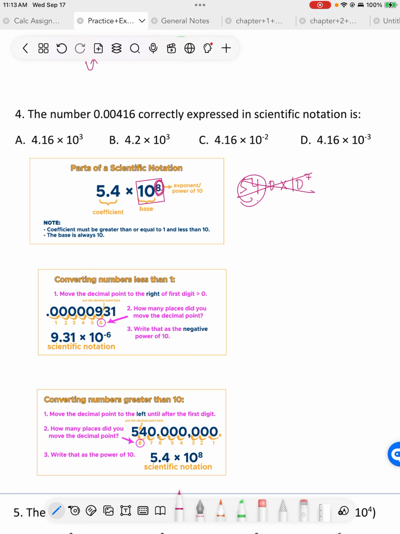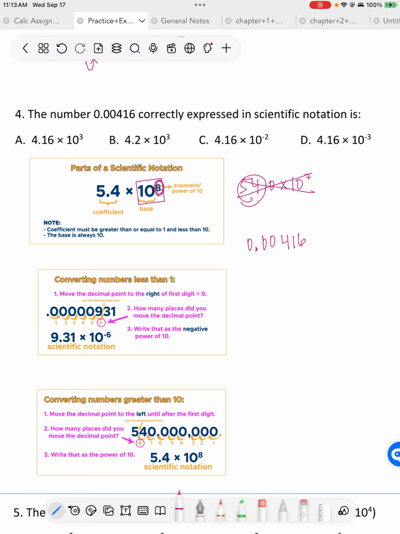So I'm going to rewrite our number, 0.00416. I know I want to move my decimal to the right, because if I go to the left, I'm just going to get more zeros, and that number isn't between 1 and less than 10.